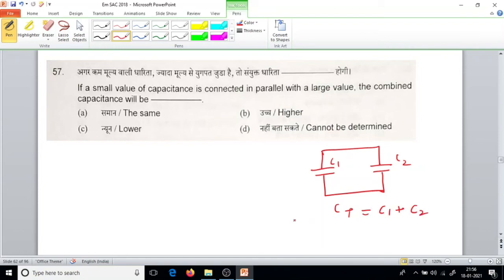So the small value gets added to whatever higher value is there. It's just like resistors connected in series.